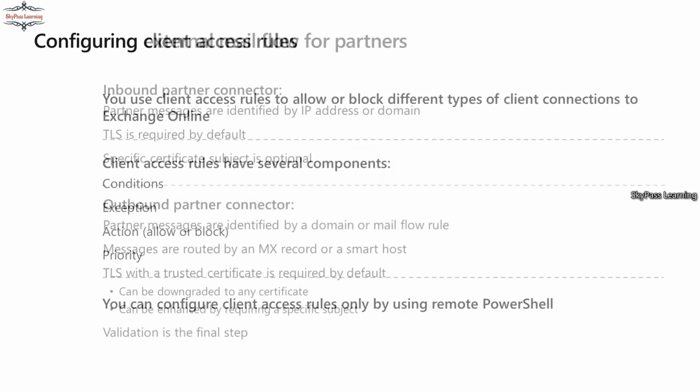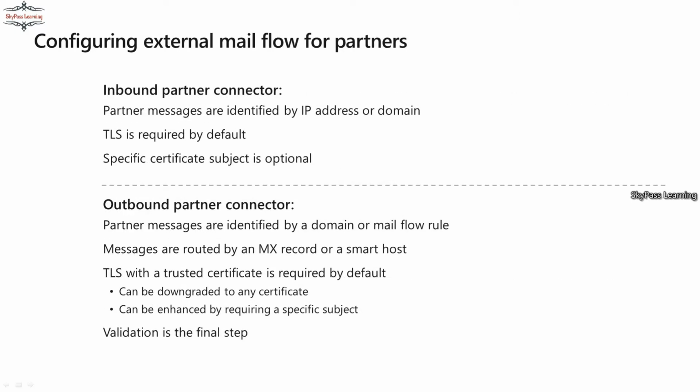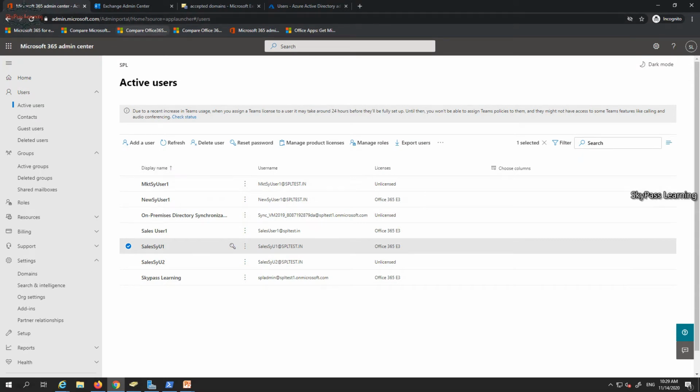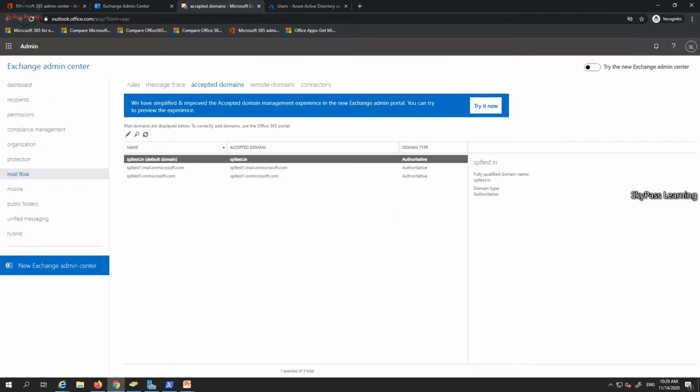Okay, configuring external access mail flow for partners. We have seen this in detail in the last video, and I just wanted to mention it here for the inbound and outbound partner connectors: what type of connector you have to choose. For an inbound partner connection, go to your Exchange Admin Center. You can refer to my last video in this series, Beginners to Professional in Office 365 or Microsoft 365, part 3, where you will see the connector creation.